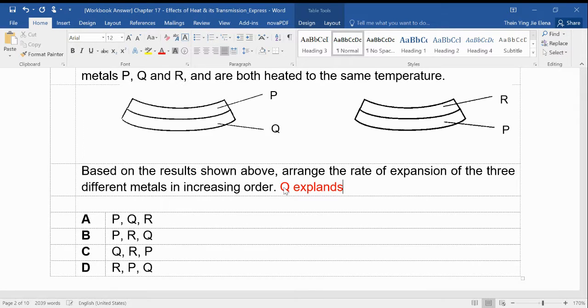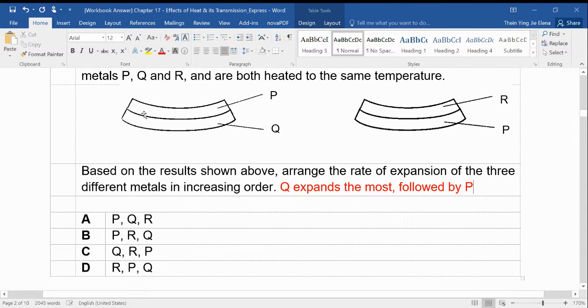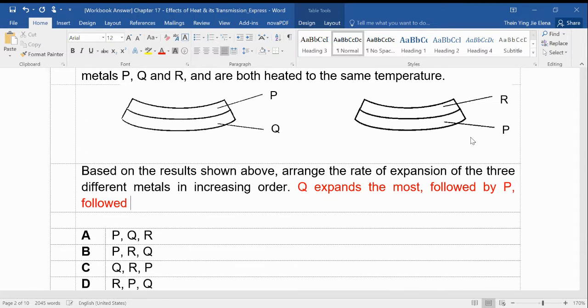Q expands the most. That's why you can see that it's the largest here, followed by P. From the first diagram, we can see that Q expands more than P. From the second diagram, we can tell that P expands more than R. So, followed by R, which expands the least.